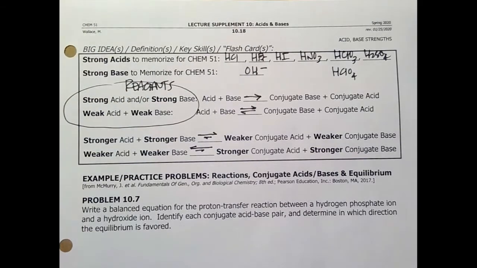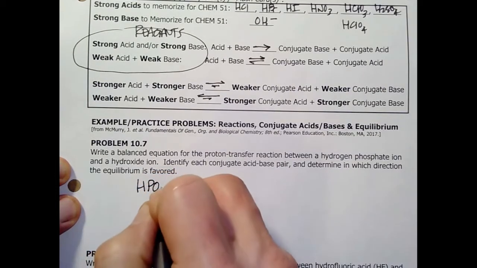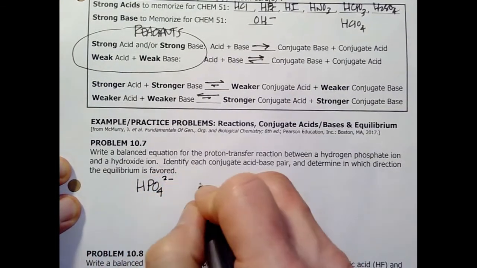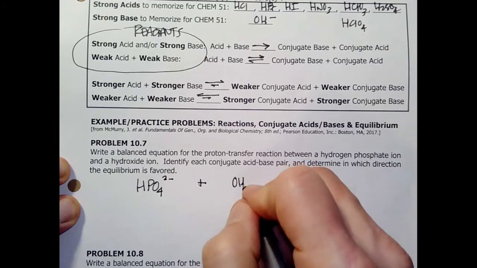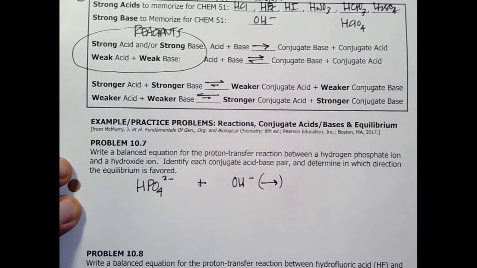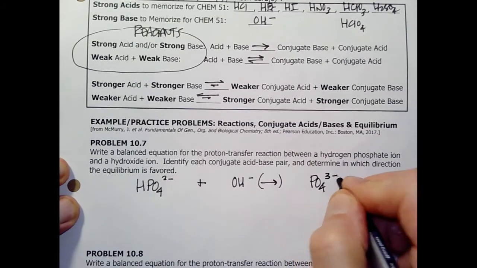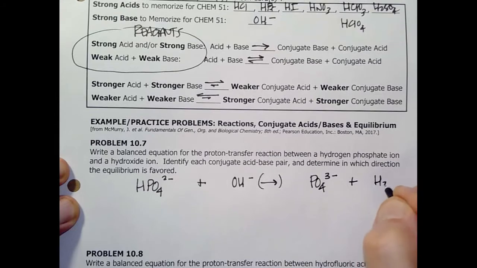Let's look at a couple of practice problems here. HPO4 2- plus OH minus. And I'm just going to put an arrow like that, saying, well, they react. PO4 3- plus water.